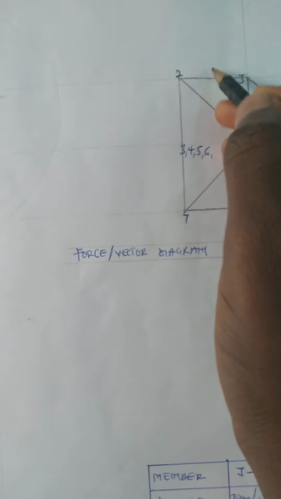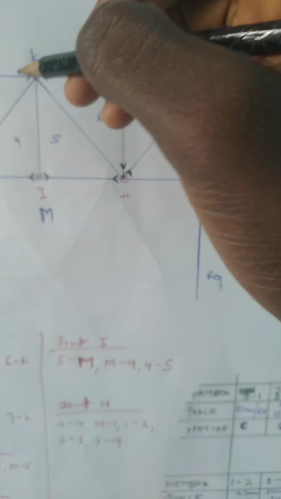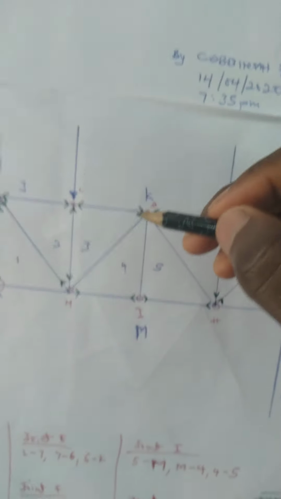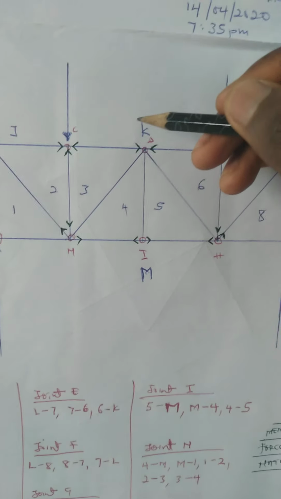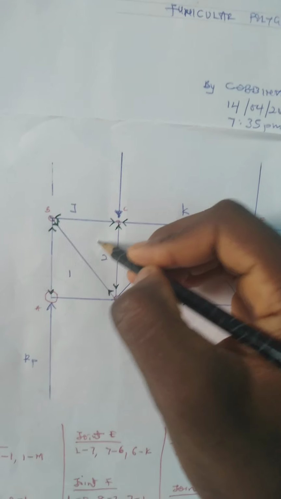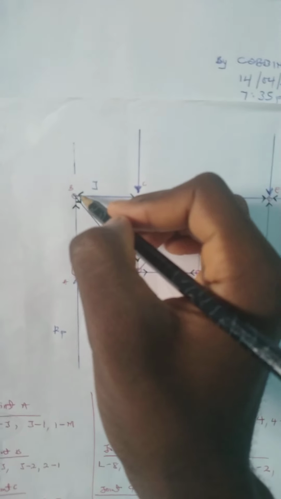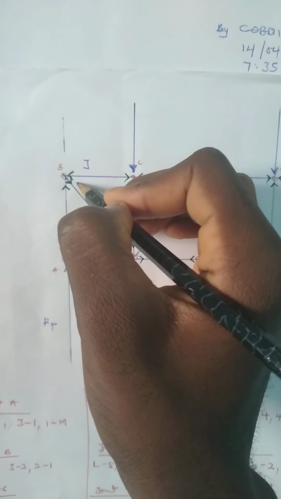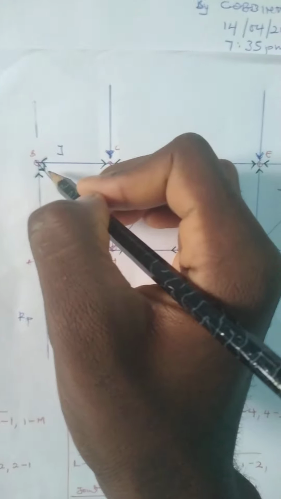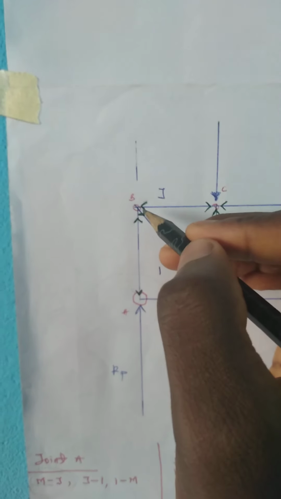When you come back to the space diagram at joint B, J2 is this member, and the arrow would have to be this, because we move from J to 2, so the direction points towards the junction.